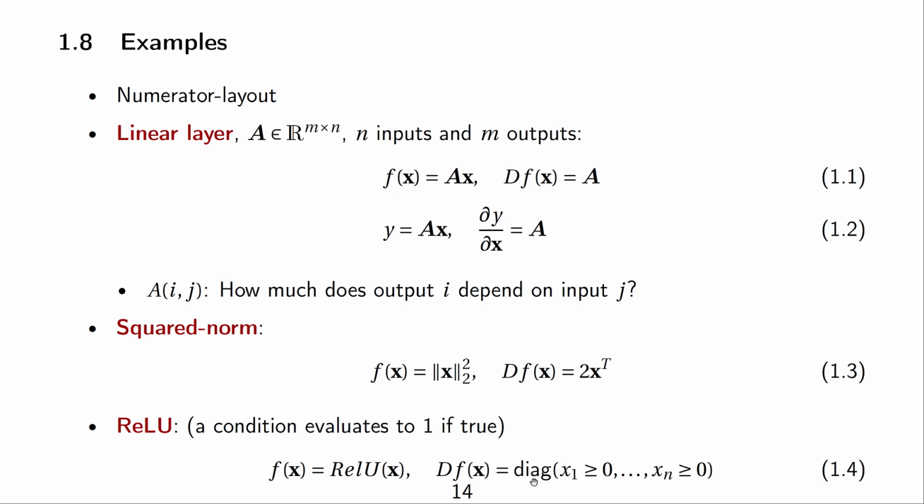So that means the derivative is a diagonal matrix that has zeros everywhere except on the diagonal, and the diagonal elements are either 1 if the corresponding element in x is greater or equal to 0, that is positive, or 0. Alright, I just noticed there is some formatting error, so this y should be a vector, of course, so this should be bold, and this also should be bold.